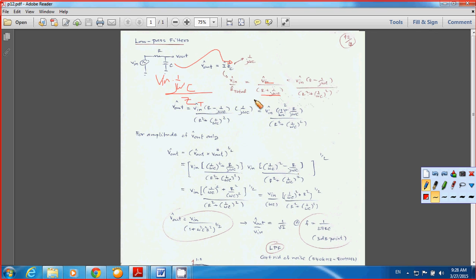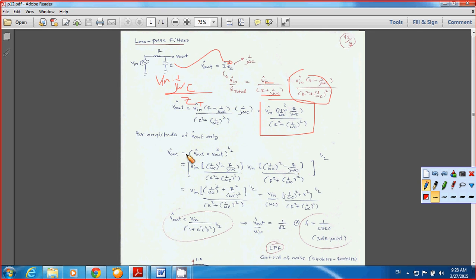And you use the complex conjugate, multiplying the numerator and denominator. You end up with this term. And you rearrange the term again. You have V out to be V in multiplied by this term. Do the same thing for the amplitude of V out only.